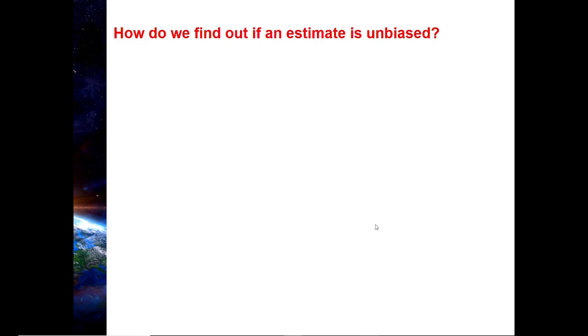So if we go back to the definition of what biased and unbiased means, it's saying that the estimate is biased. For example, the estimate is biased when there's a consistent tendency to either overestimate the parameter or underestimate the parameter. But a parameter can't be biased because it's not an estimate.